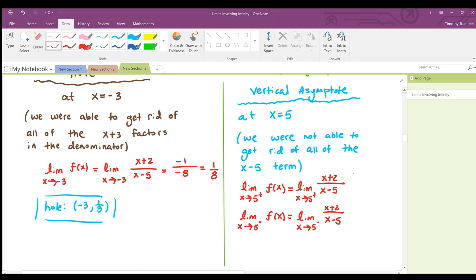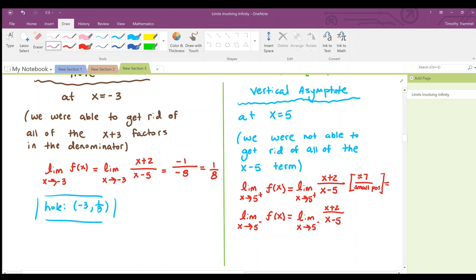And now let's figure out what these are. If we were to approach 5 from the left or from the right, the numerator here is going to be approaching 7. And in the denominator, since we're coming from the right, we're going to have a small positive. If we have 7 over a small positive, we know that that's going to give us a large positive number.